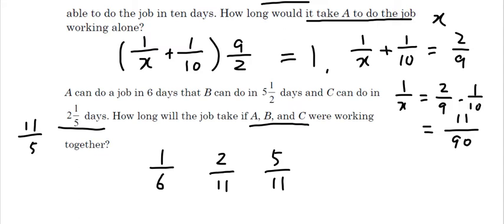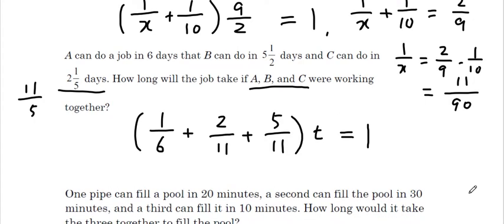For B, 1 day can finish this. For C, 1 day can finish this. If they are working together, 1 day is this much. So in T days we can finish the job, which equals 1 job. We can solve for this T.